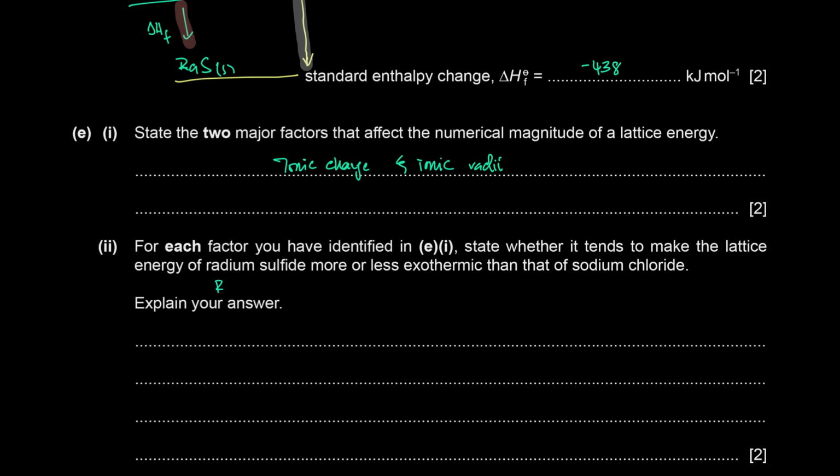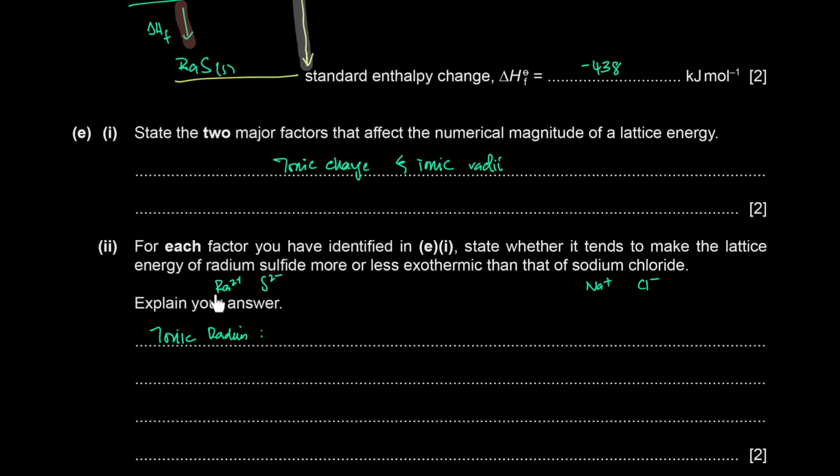In radium sulfide we have Ra2 plus and S2 minus, and in sodium chloride we have Na plus and Cl minus. So they're saying first let's look at the size. If you were just looking at the ionic radius, which of these would be more exothermic? You have to look at each factor individually.